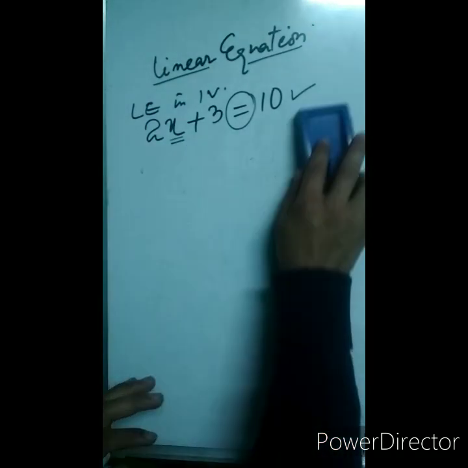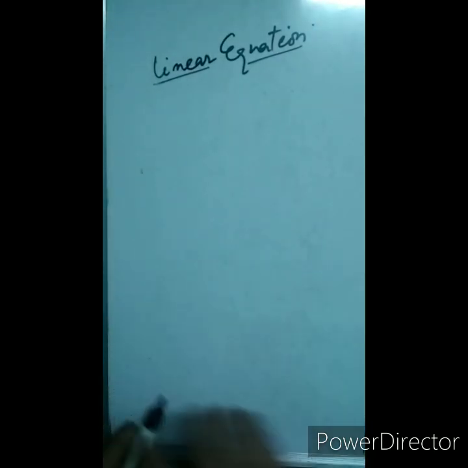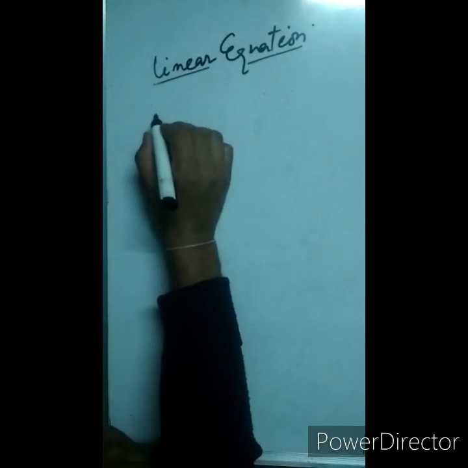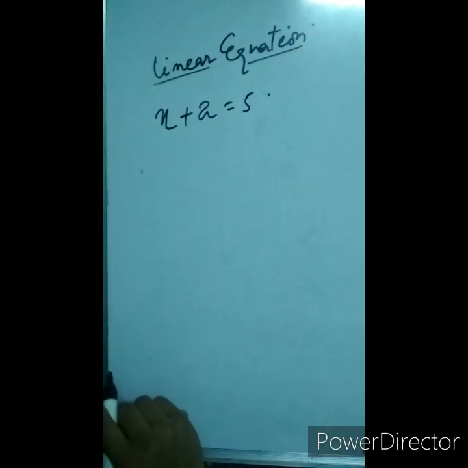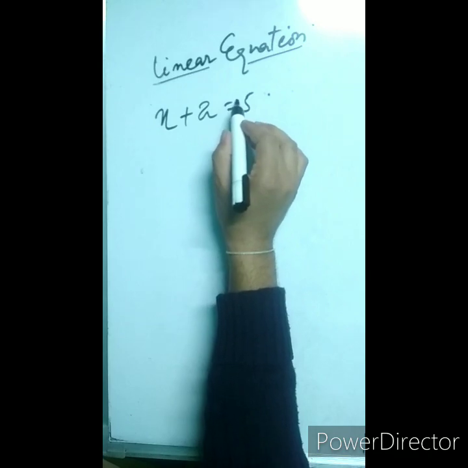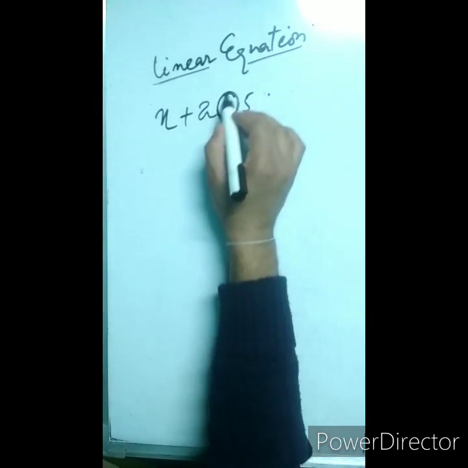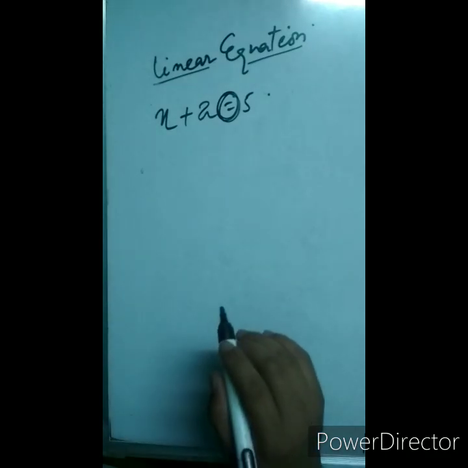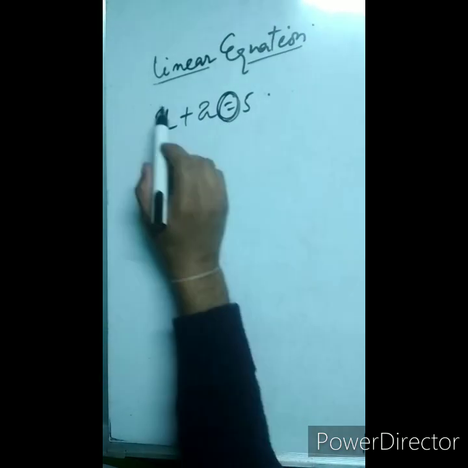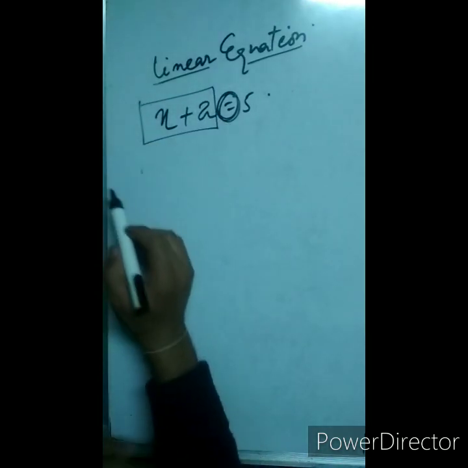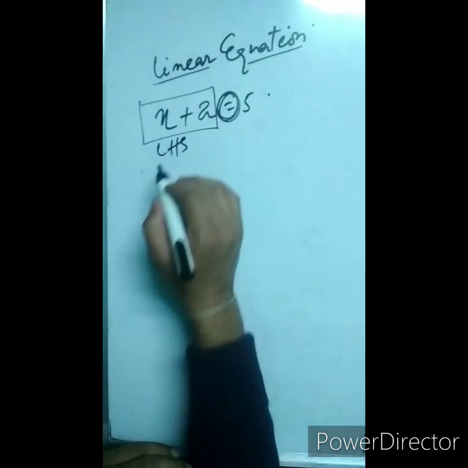Let me wrap this part now, and I'll give you one equation. x plus 2 is 5. The part of the equation that lies to the left hand side of the equality, this is the equality sign, that means this x plus 2, is what you call the left hand side.